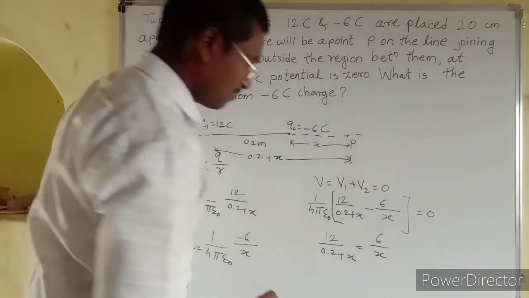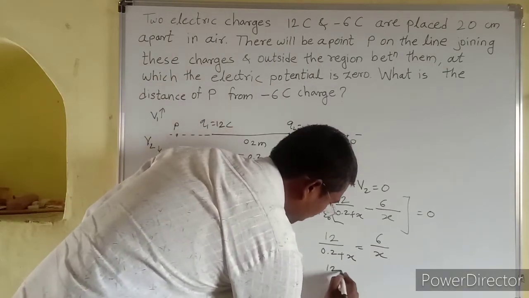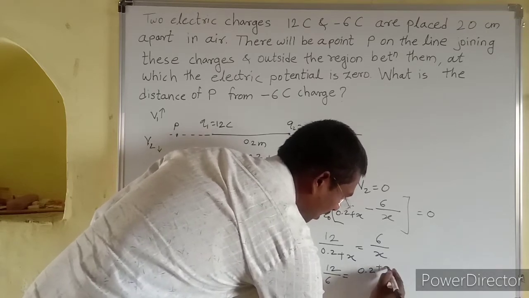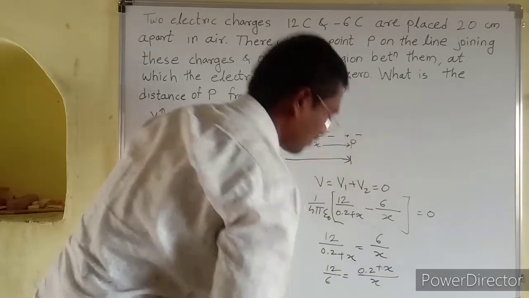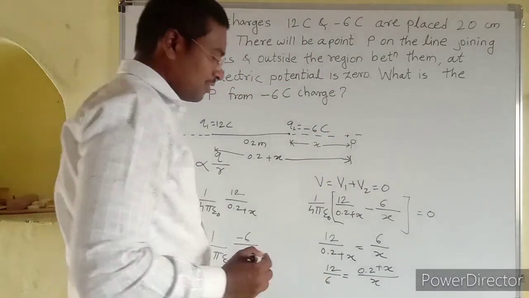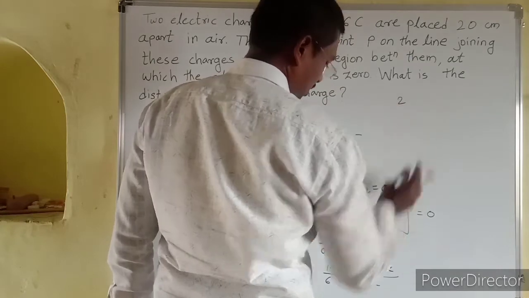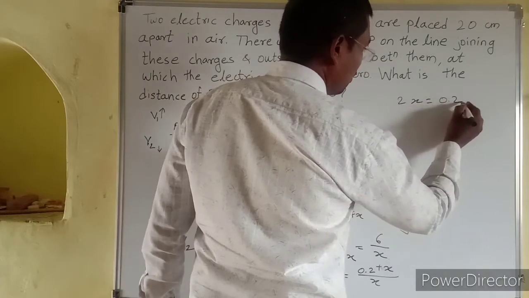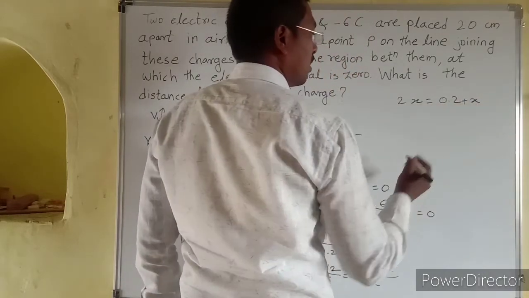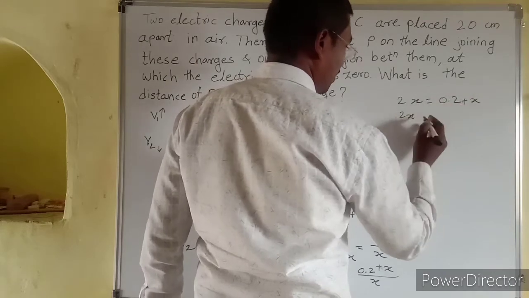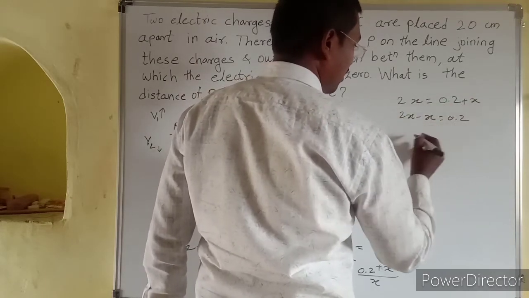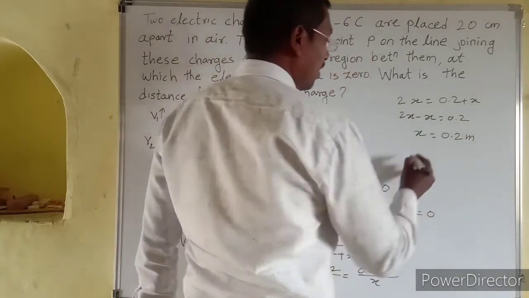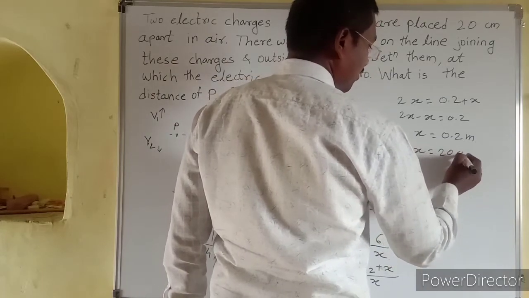Okay. So 12 divided by 6 can be written as 0.2 plus x upon x, and 12 upon 6 is 2, so 2x is equal to 0.2 plus x, or 2x minus x is equal to 0.2, or x is equal to 0.2 meter, or x is equal to 20 centimeter.